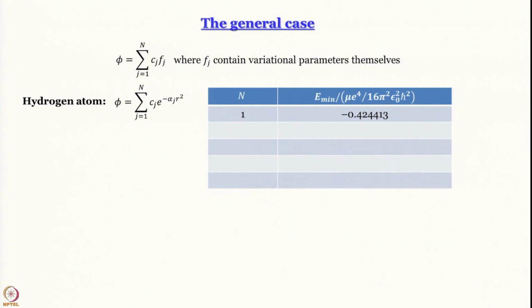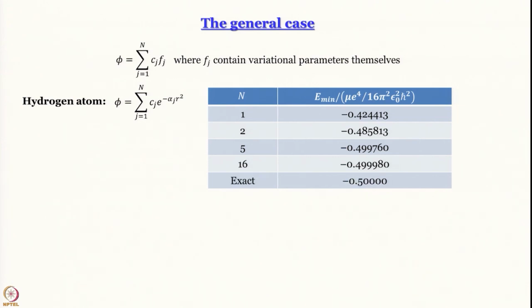linear combination, and if we keep increasing the number of n's, what we see is this. If you use n equal to 1, this is the energy that you get, minus 0.424413. If you increase the numbers, go from 1 to 2, it becomes lower, to 5 even lower, 16 minus 0.49980.